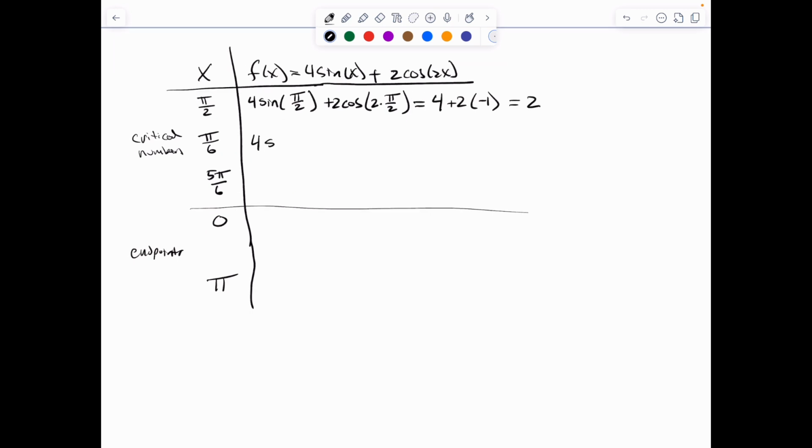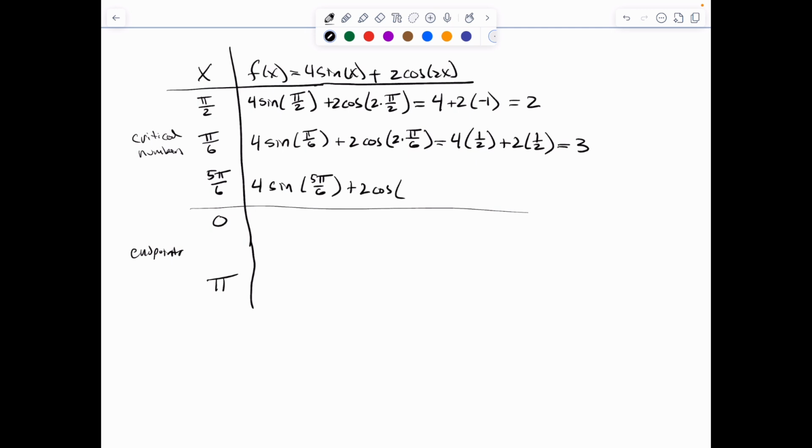For pi over 6: 4 times sine pi over 6 plus 2 times cosine of 2 times pi over 6, which is pi over 3. So that'll be 4 times 1/2 plus 2 times 1/2, which is equal to 3. Next, 4 times sine of 5 pi over 6, which is 1/2, plus 2 times cosine of 2 times 5 pi over 6.